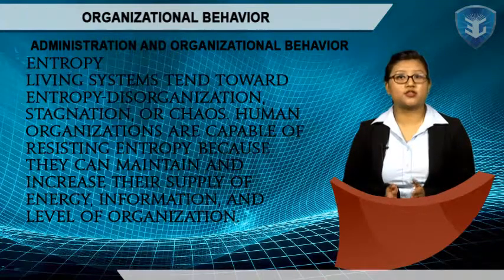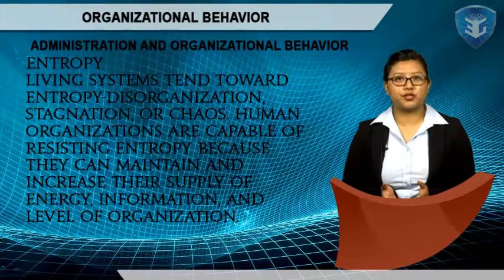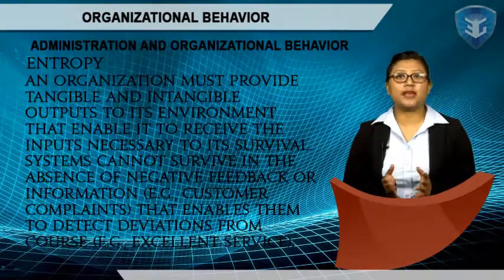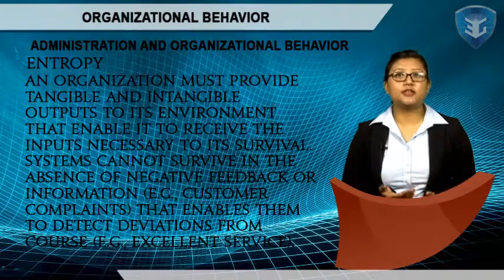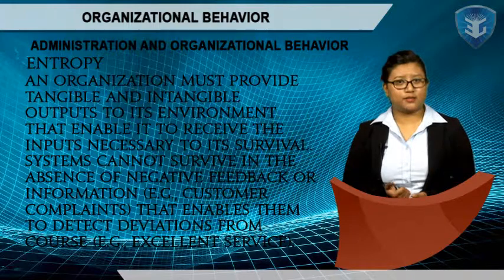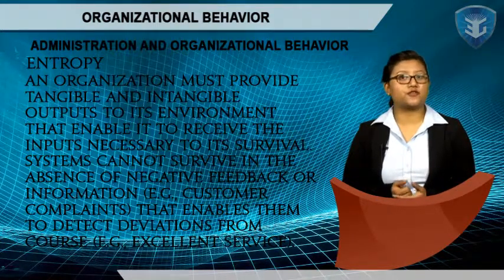Human organizations are capable of resisting entropy because they can maintain and increase the supply of energy, information, and level of organization. An organization must provide tangible and intangible outputs to its environment that enable it to receive the inputs necessary to its survival. Systems cannot survive in the absence of negative feedback or information, for example, customer complaints, that enables them to detect deviations from course.